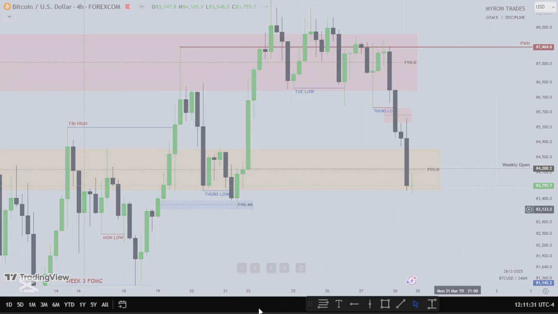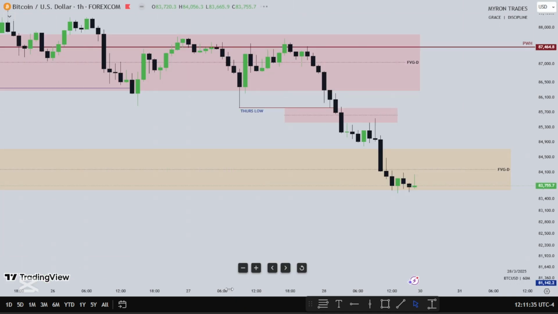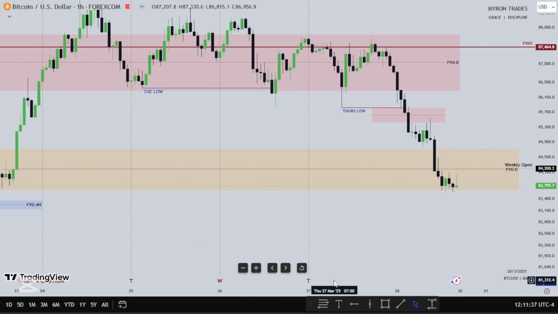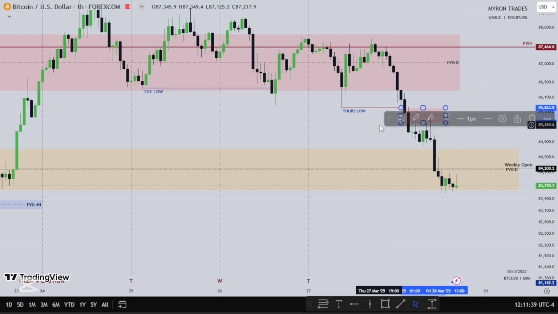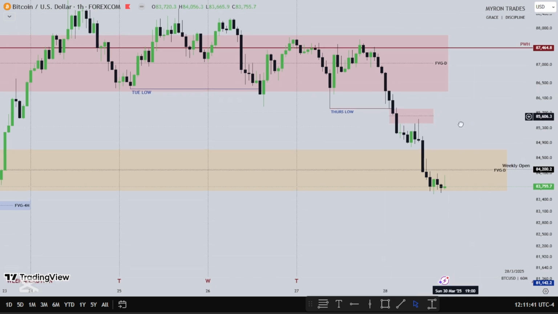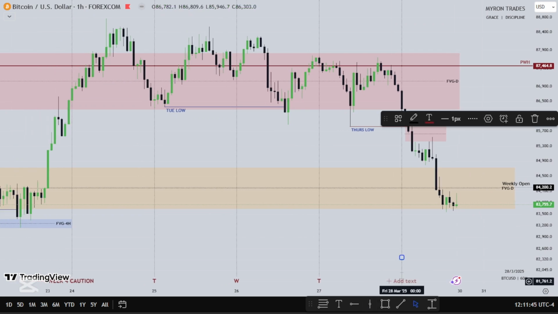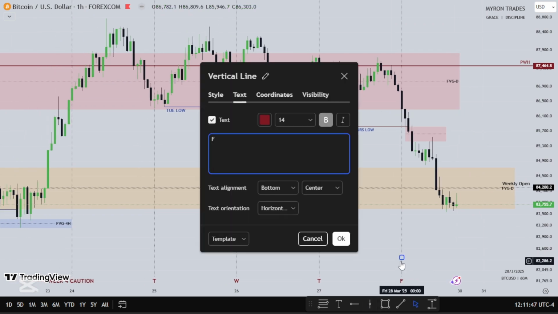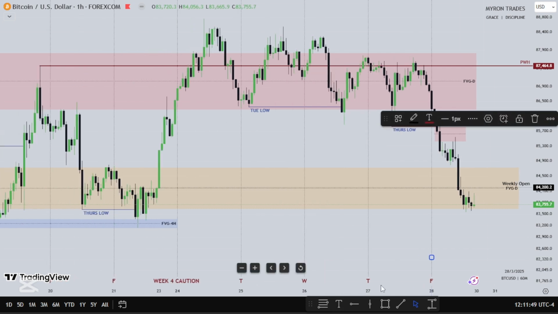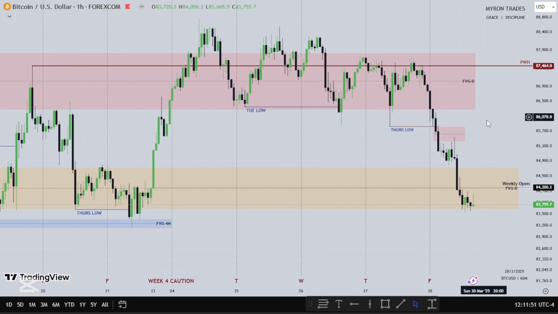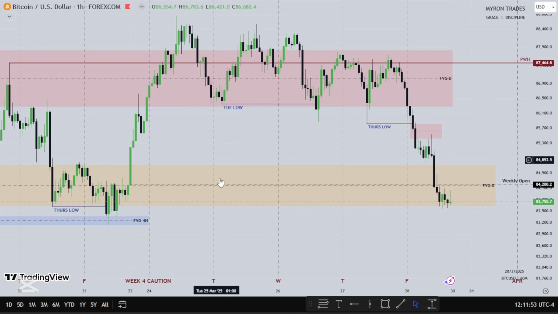So the 1-hour time frame, pretty much the same thing with a little more candles. Yeah, this is the fair value gap I was annotating on the 4-hour time frame. So as you can see, it's Friday. So this is Bitcoin for the 4th week. As you can see, 4th week caution.